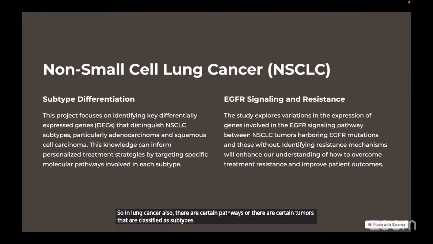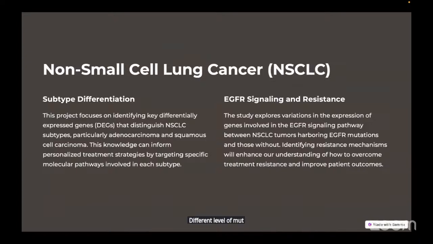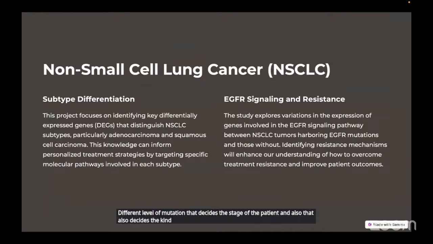So there are so many startups who are just working on a certain type of pathway or a certain type of protein, and in that protein there are mutations. There are different levels of mutation that decide the stage of the patient, and also the kind of therapy that patient will have to go through.